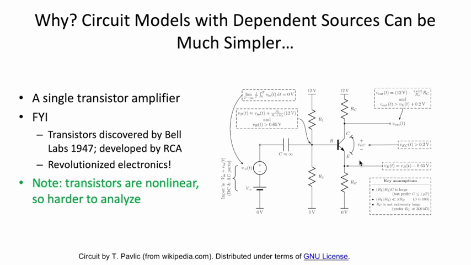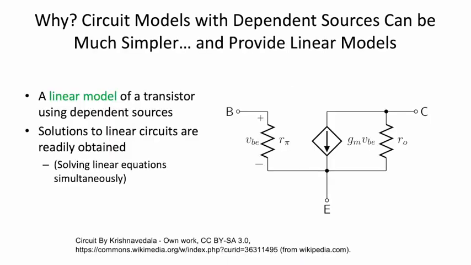Now, transistors are inherently nonlinear, making them harder to analyze. We can create a linear model that describes the transistor's operation over a narrow range of operating conditions. We can do that using a dependent source as shown here. Having a linear model means that we can readily obtain solutions to large circuits, for example, by solving linear equations simultaneously.